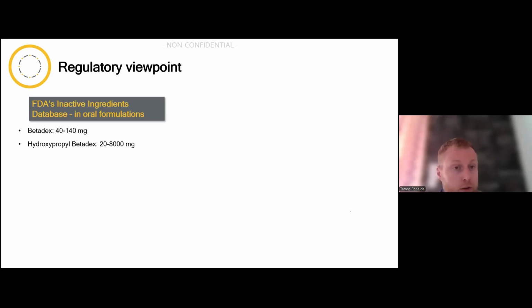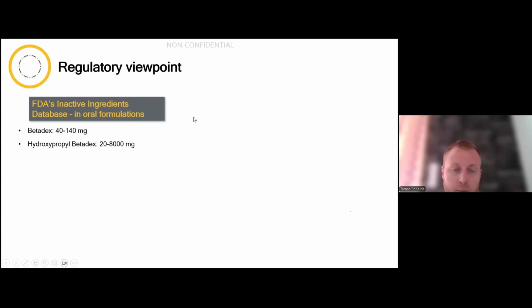Getting back to the regulatory viewpoint of the FDA's instructions, unfortunately, in the FDA's inactive ingredient database, there is very limited information, not too many examples, and only two cyclodextrins are mentioned: the native beta cyclodextrin with these low limits, and the hydroxypropyl beta cyclodextrin with an extremely wide limit.